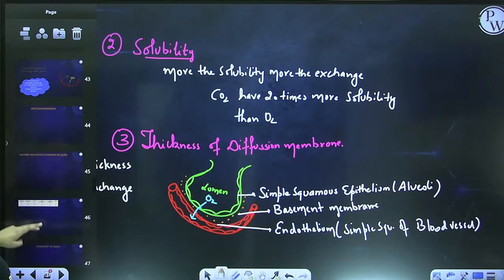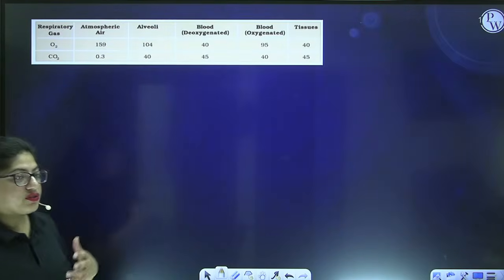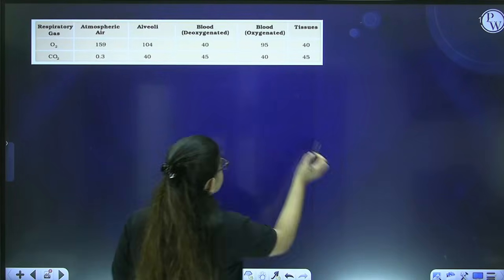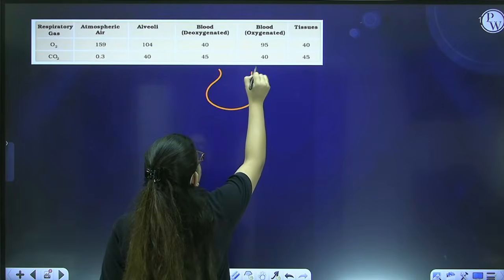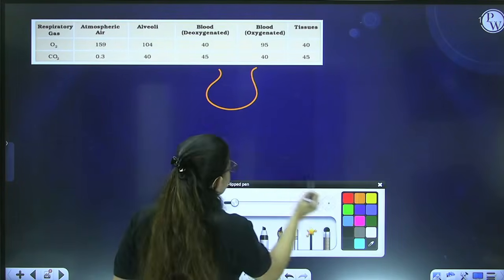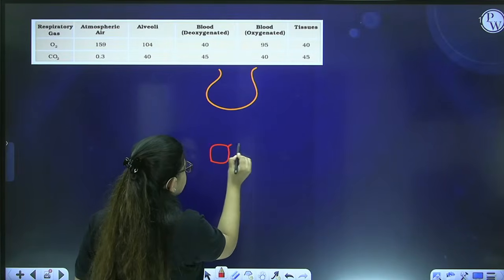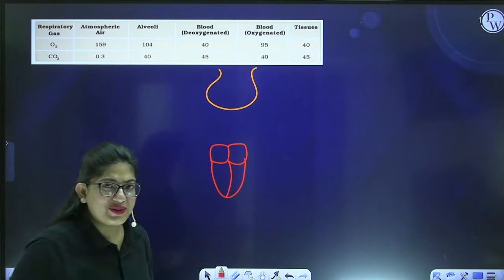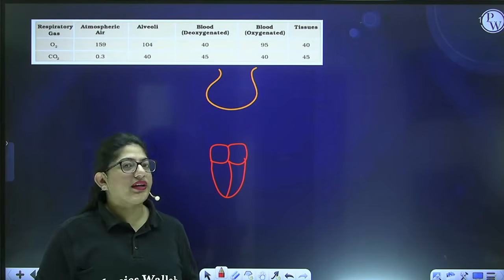Okay. Now let's move further and talk about the actual exchange of gases. How does exchange of gases take place? All right, guys, you must have seen this diagram in NCERT. This is the alveoli and this is your heart. First of all, to understand this, you need to understand the circulatory system. Yes, you heard it right. Your heart is four-chambered.